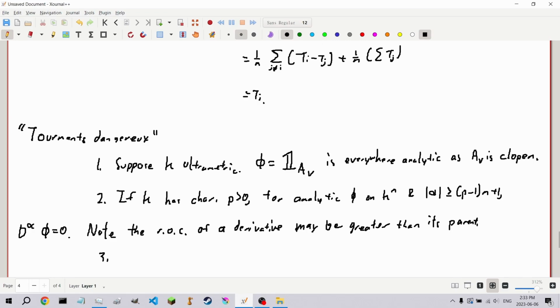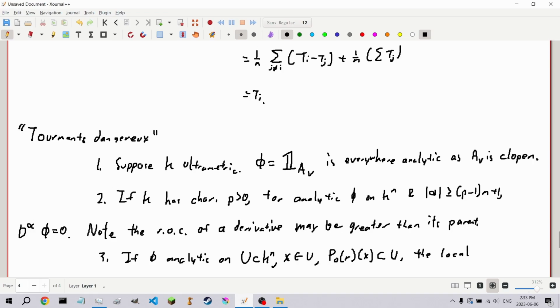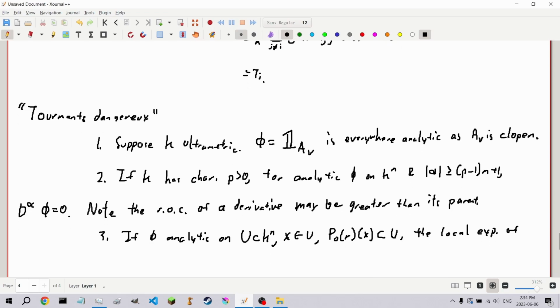Thirdly, and finally, before we end off today's video, if phi is analytic on u in k to the n with an x in u and a polydisk of radius r around x being in u, the local expression of phi at x may not converge on all of the open stretched polydisk of radius r.